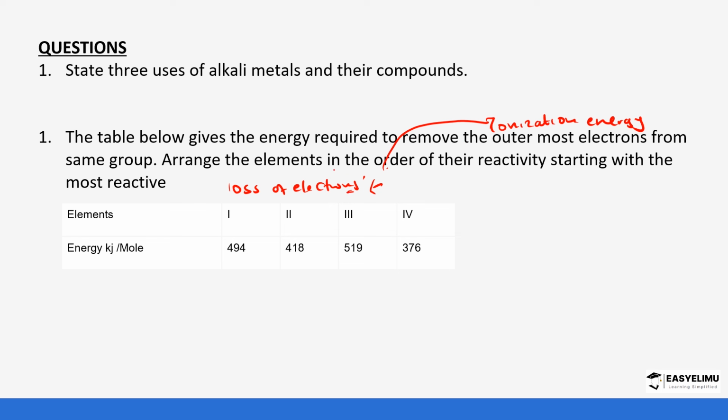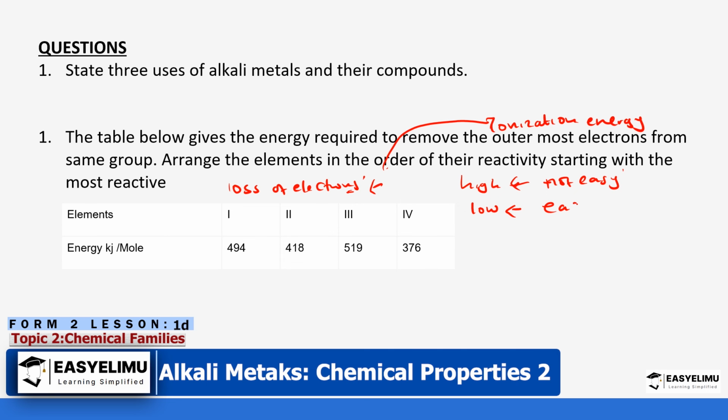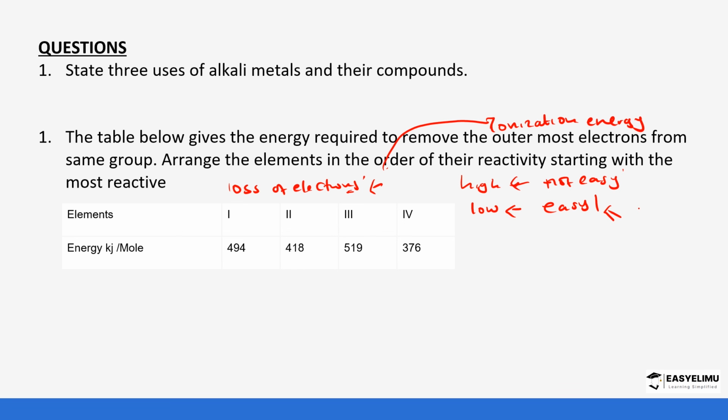So if the ionization energy is very high, it means it's not easy to lose an electron. If the ionization energy is low, it means it's very easy to lose an electron. And remember, if it is easy to lose an electron, then it is very reactive. That is just a summary.